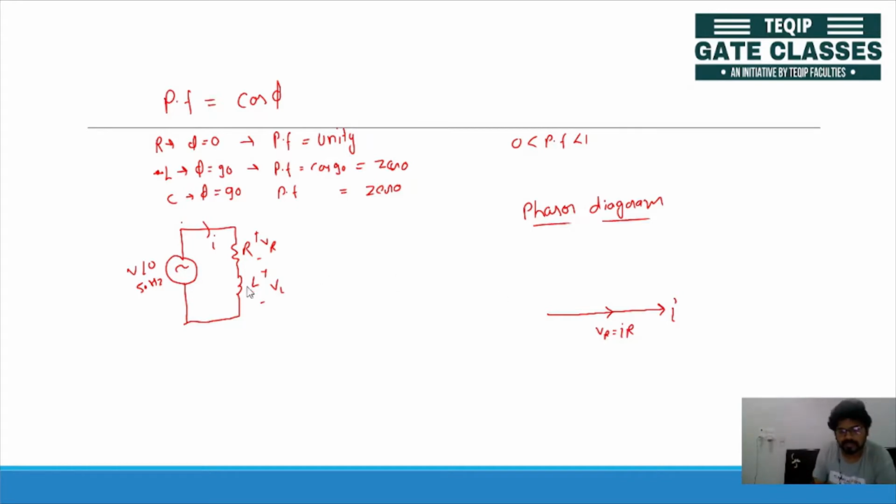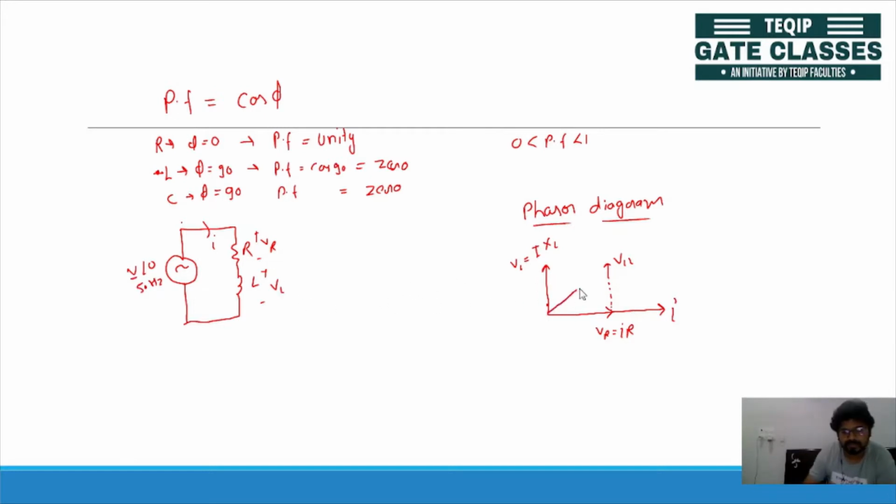And what about the voltage across the inductor? We learned that the voltage across an inductor leads the current flowing through it by 90 degrees. So our VL, that means I XL, will be somewhere here. If we shift this vector here, then our resulting supply voltage V will be the vector sum of VR plus VL.